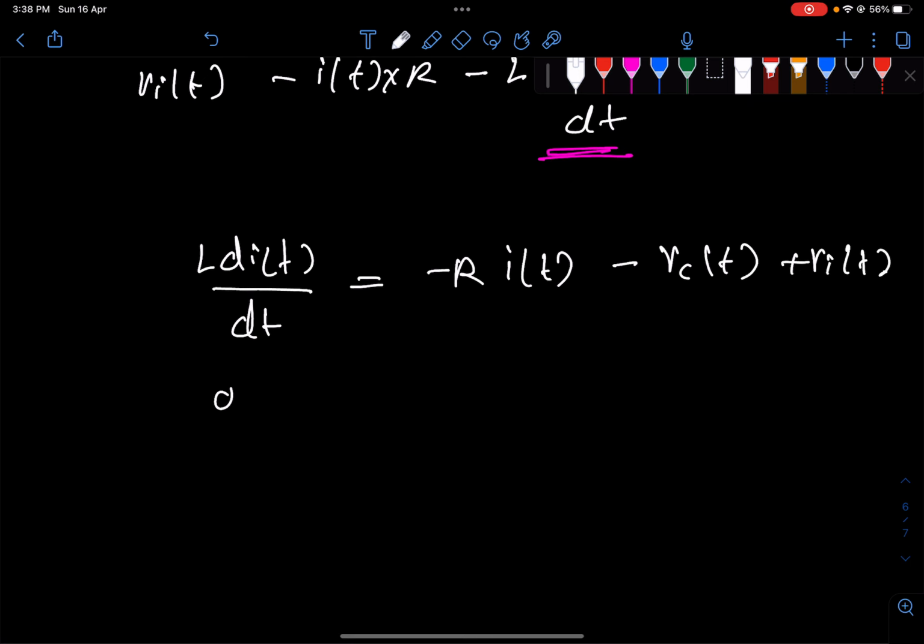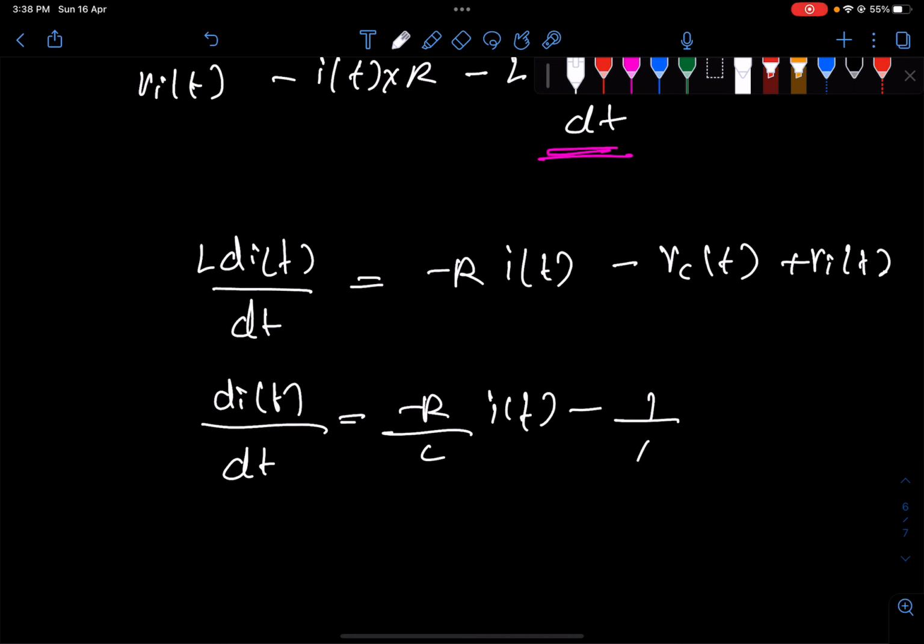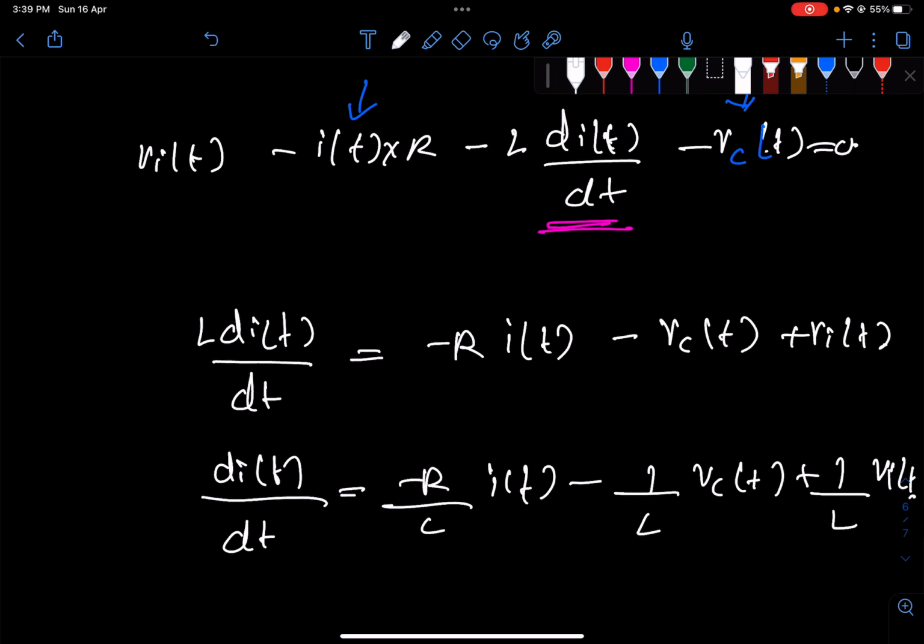Then dividing, di/dt equals minus R by L I of t minus 1 by L Vc of t plus 1 by L Vi of t. We took this to the right side and divided by L, and we get this.